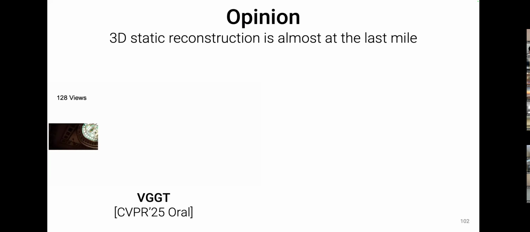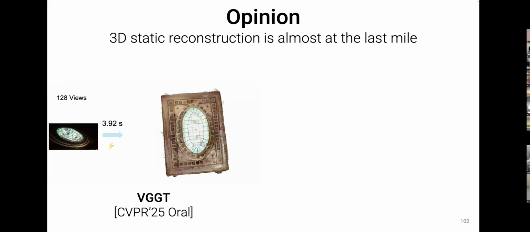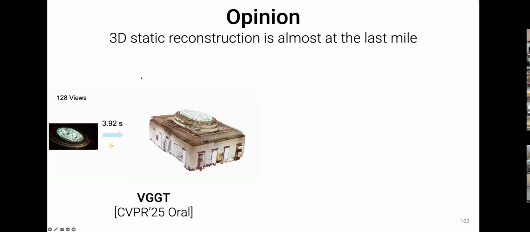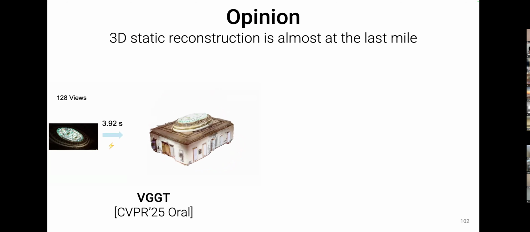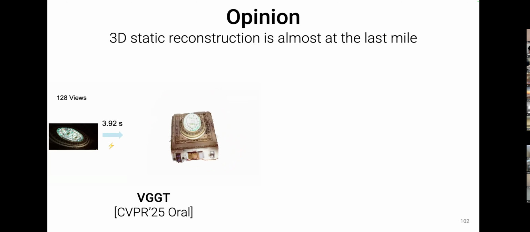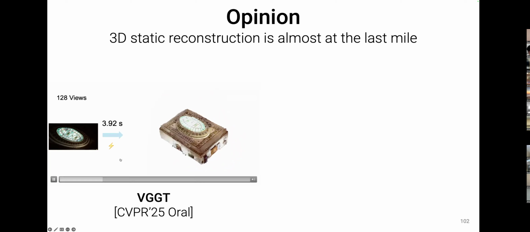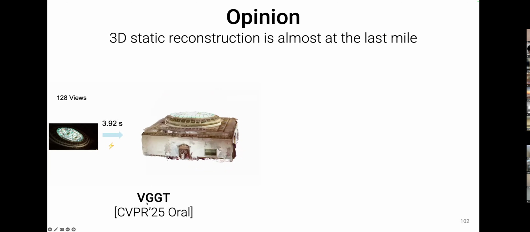But for now, I want to give some opinions about 3D reconstruction. I think 3D static reconstruction is almost at the last mile, so it's almost a solved problem. For example, this is another amazing work called VGGT.